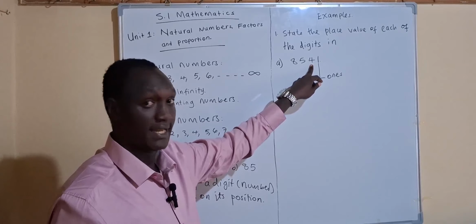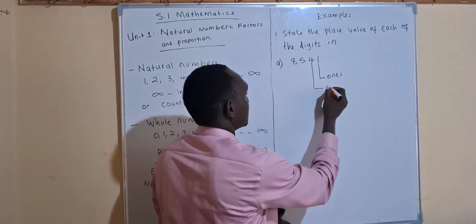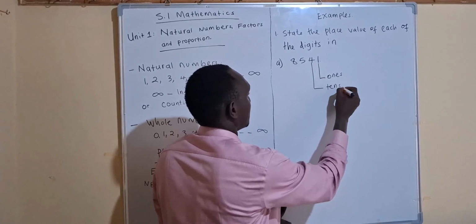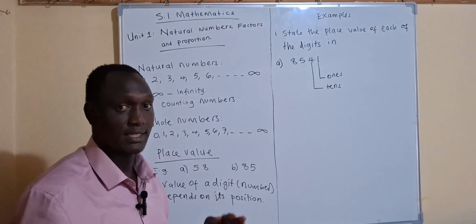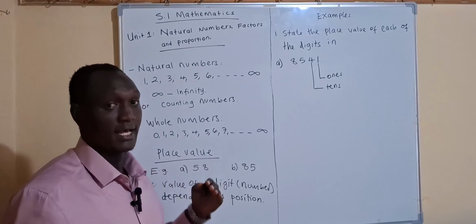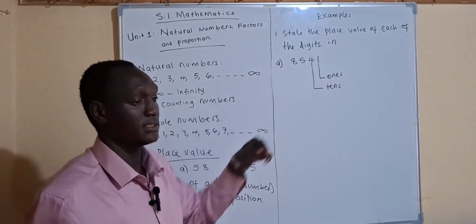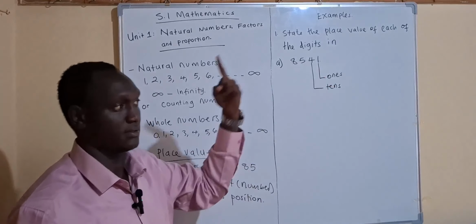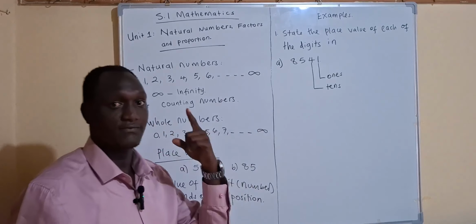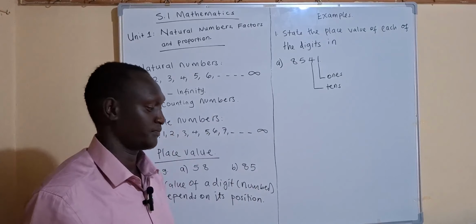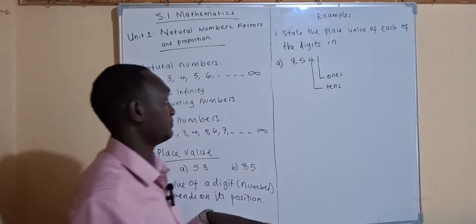This is the position of tens. Here it would mean that there are 4 tens. In this whole number, there are 4 tens. Here we said ones once, it was occurring 1 time. Here now, tens, there are 4 of them.